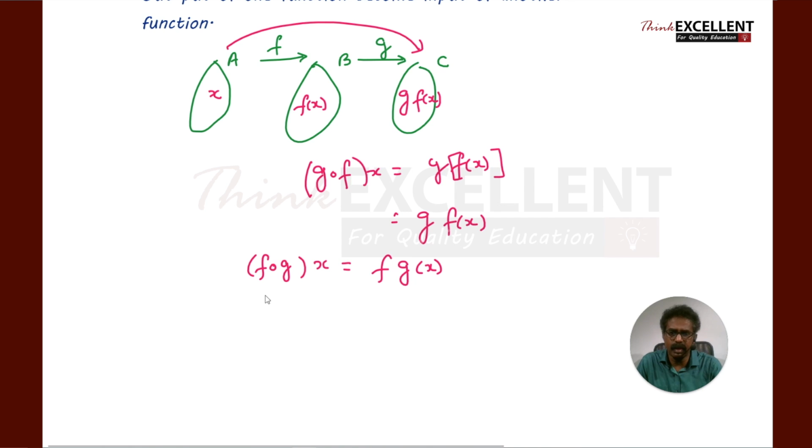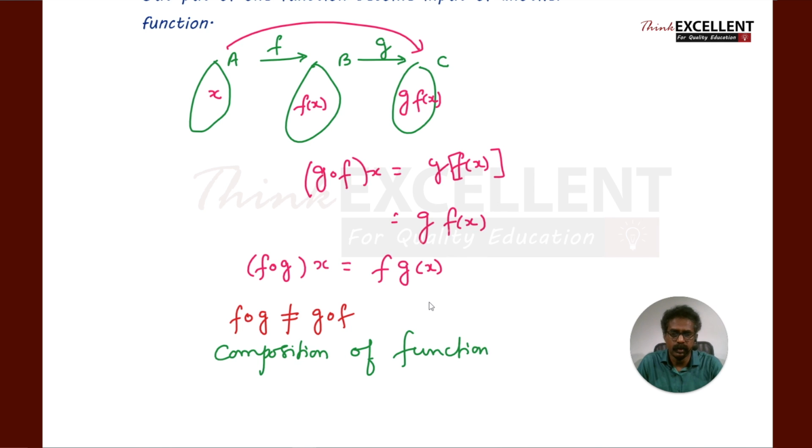Now listen here, there are some properties. When you find f composition g and g composition f, they won't be equal in general. Generally, f composition g is not equal to g composition f. What's the meaning of that? It is not commutative. So you can say composition of functions is not commutative in general.